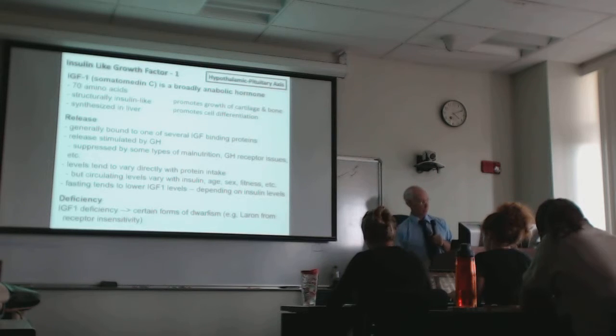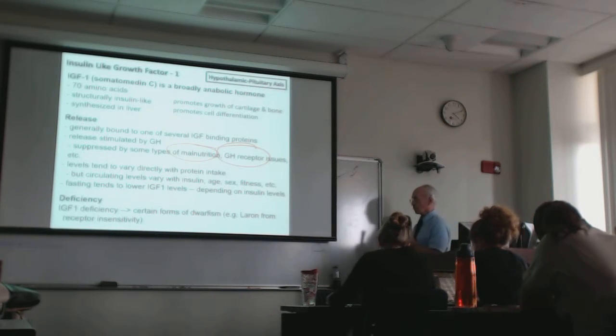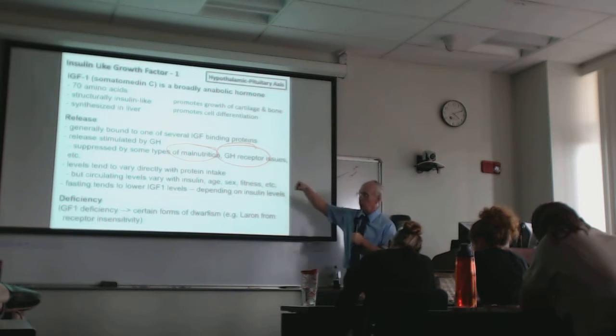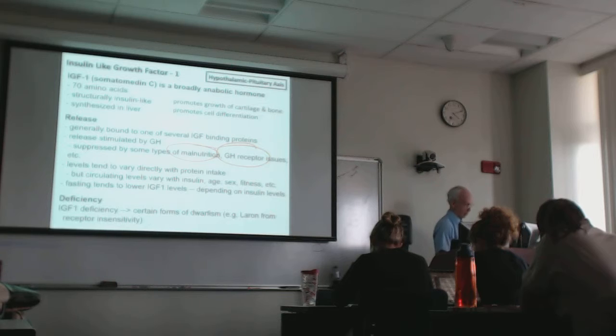Go up. All right. We're going to qualify that in just a moment. Some types of malnutrition can inhibit release of IGFs. We saw in that table before that if there's a growth hormone receptor problem, that almost always diminishes release of IGFs.